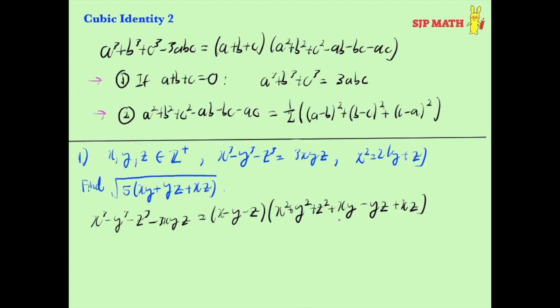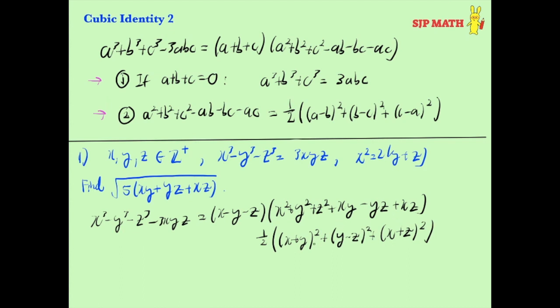And from this, using this statement, we can actually try to factor this. Well, this is not in the exact same format as this, because it's negatives here, but we got positives here. But that doesn't matter, we can just factor this. And if we factor in a similar fashion to this, then we get x plus y squared. This is equal to half times x plus y squared plus y minus z squared plus x plus z squared.